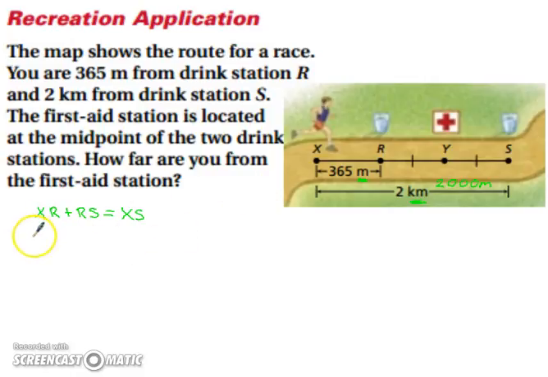So we have 365 to be substituted in for XR. We don't know what RS is, and we know what XS is, which is 2,000. This leaves us with the fact that RS must be 1,635.